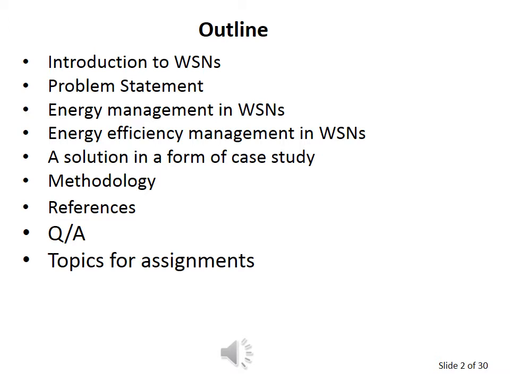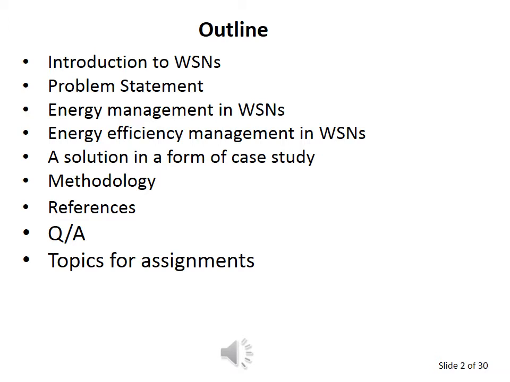We will corner the problem inside the WSN environment, and then we will discuss energy management in the WSN, what energy management is and why it is required in WSN, along with energy management efficiency in wireless sensor networks.